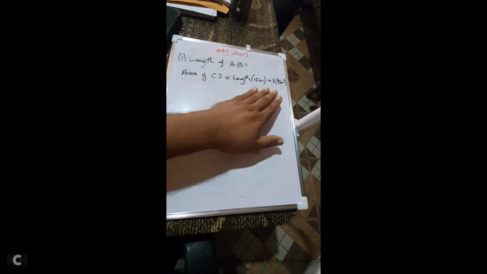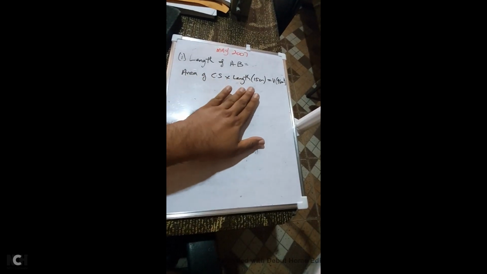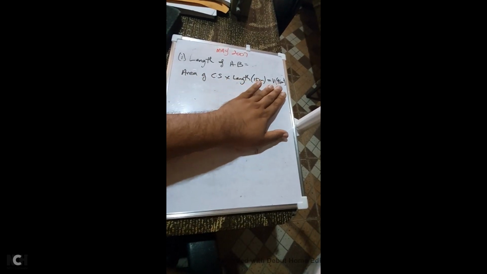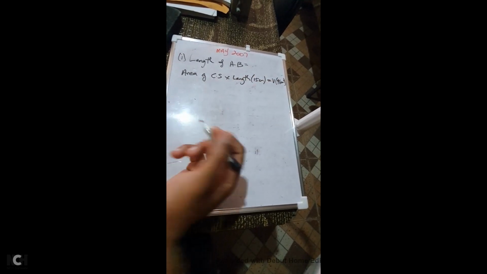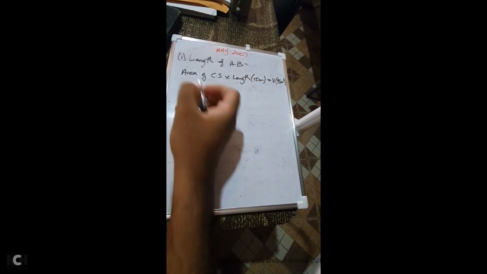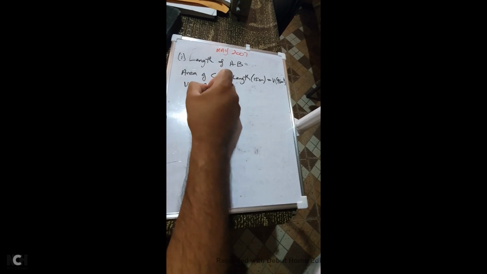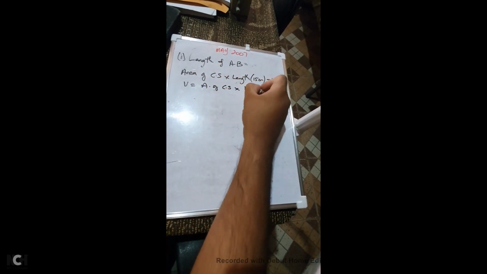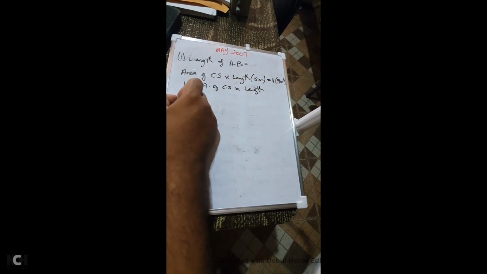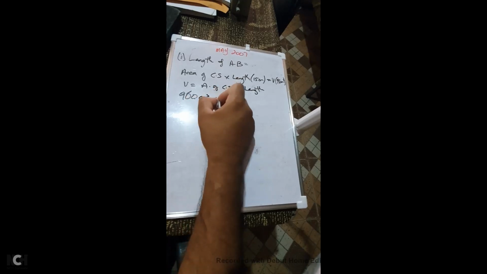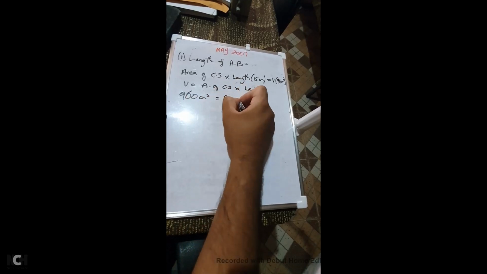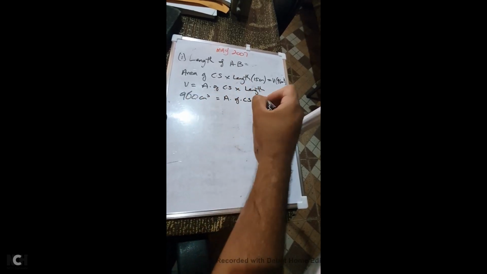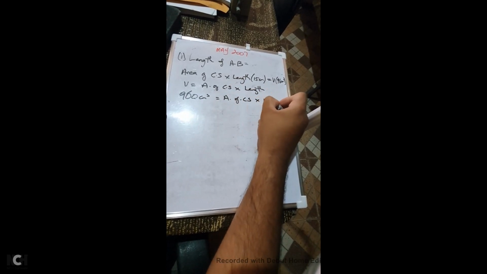In other words, finding the volume is the area of the cross section multiplied by the length, right? So they give us the volume already. Let's rewrite it in a way that we can understand it. So the volume is equal to the area of the cross section multiplied by the length. So 960 centimeters cubed is equal to the area of the cross section multiplied by 15 centimeters.